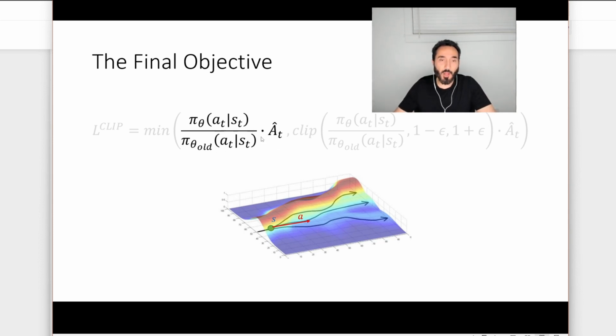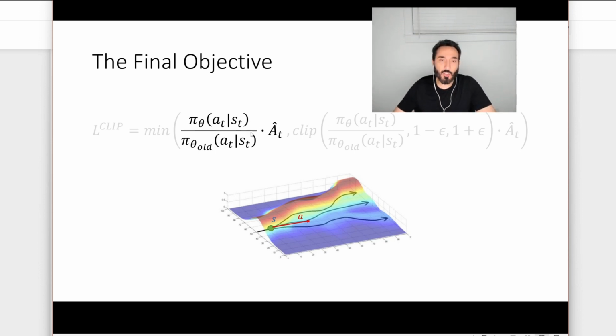So let's first remind ourselves what the advantage term is. The advantage term for an action tells us how better or worse that action is in expectation compared to all of the rest of the actions that the policy could take at the state S. So it basically tells us how advantageous that action is.